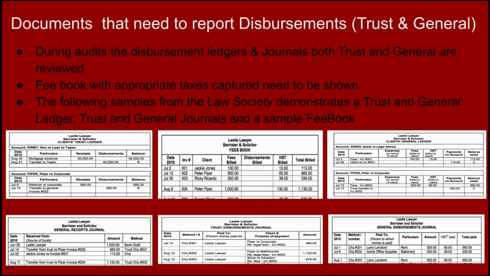The following samples over here have adequate information on the ledgers and journals, fee book, expense book categories, where it will record information such as date, method of payment, particulars, what it was paid for, amount, and invoice numbers, receipt numbers, anywhere. All of these being recorded diligently into the respective ledgers and journals.